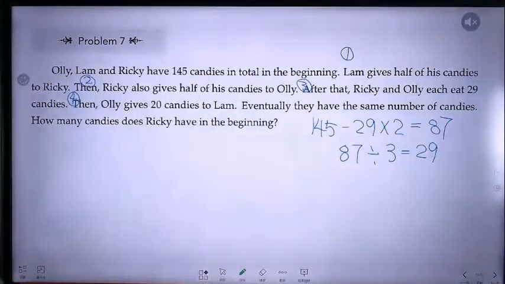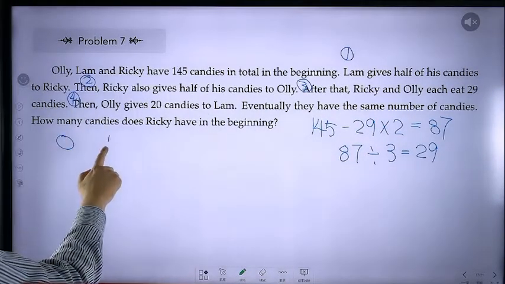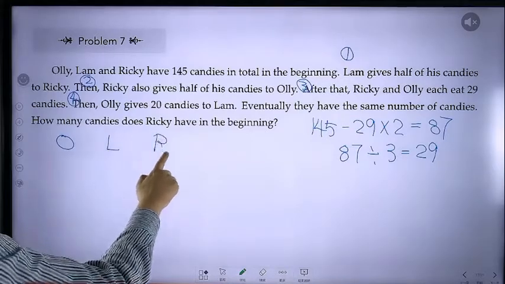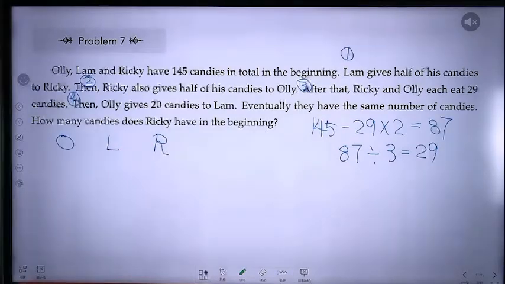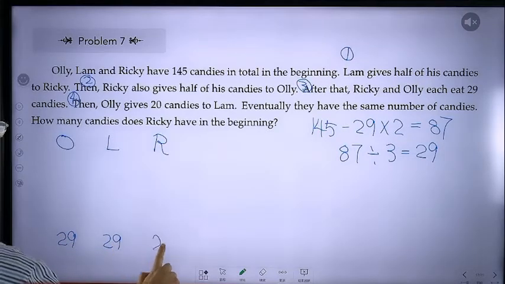So what we can do is draw a table, right? So O, L, R. In the end, everyone has 29, so we write down 29, 29, 29. And we know there are 4 steps of actions, so this would be after action 4.